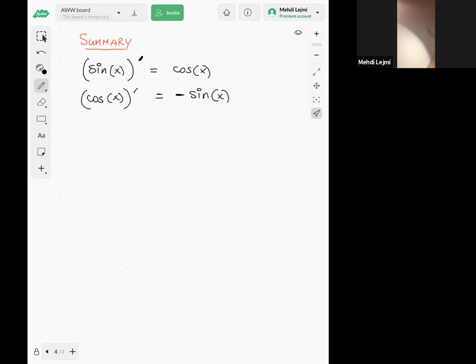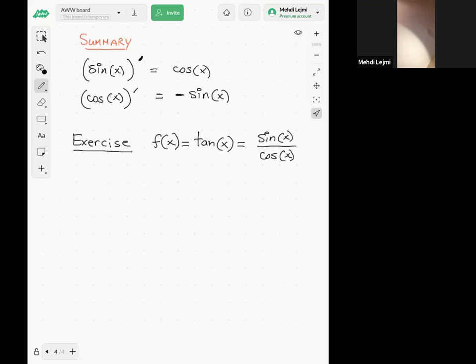Now what about the derivative of tangent of x? Next, an exercise. What about f of x equal to tangent of x? Let me remind you the definition of tangent of x. That's sine over cosine, sine of x over cosine of x.